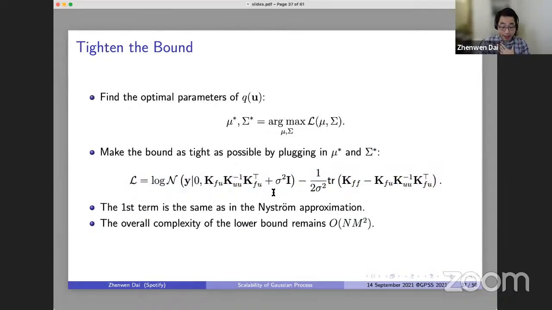It's again interesting because of the similarities. If we look at the first term, that is almost exactly the same as the Nyström approximation. The difference is that the middle part is no longer a randomly subsampled data point, but those inducing points we choose, of which the locations we can optimize.